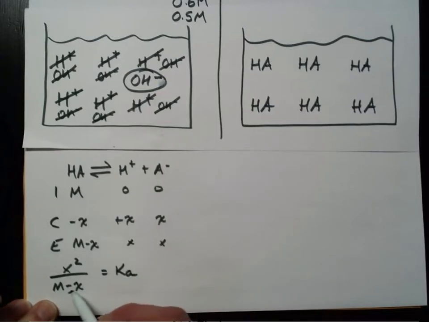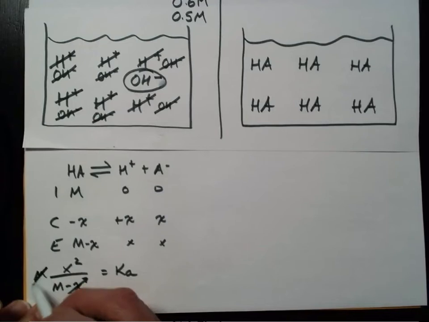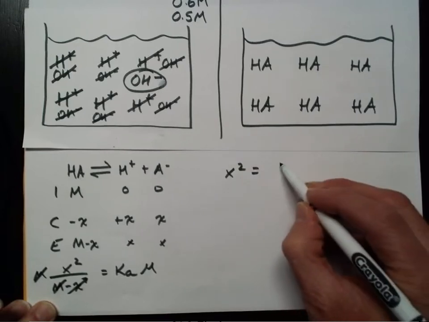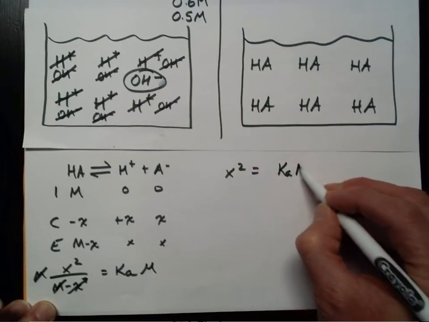In almost all cases, this will be 5% or less of this. And so we get X squared over the molarity of the weak acid is Ka. We multiply both sides by the molarity, and we end up getting X squared is Ka times the molarity of the acid.